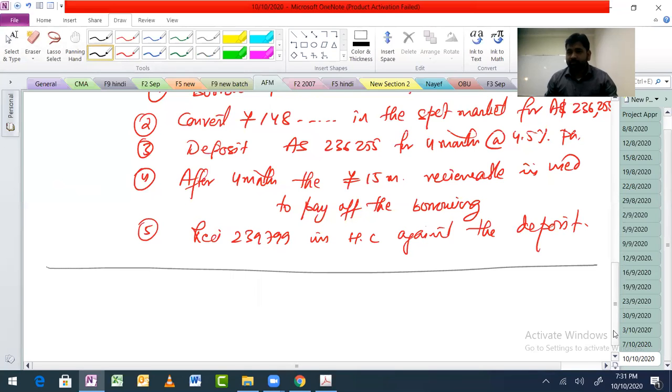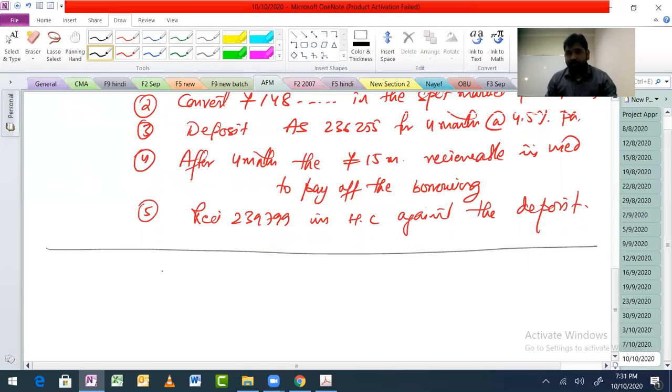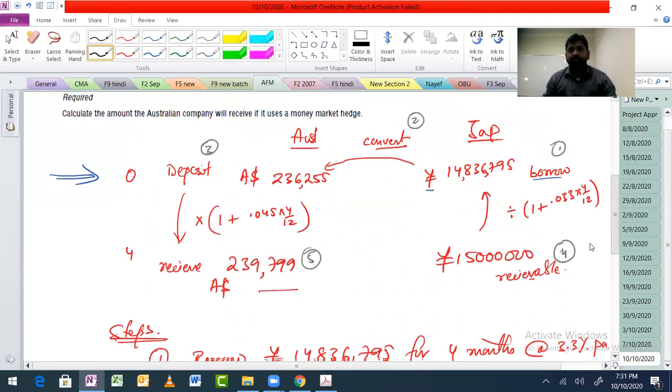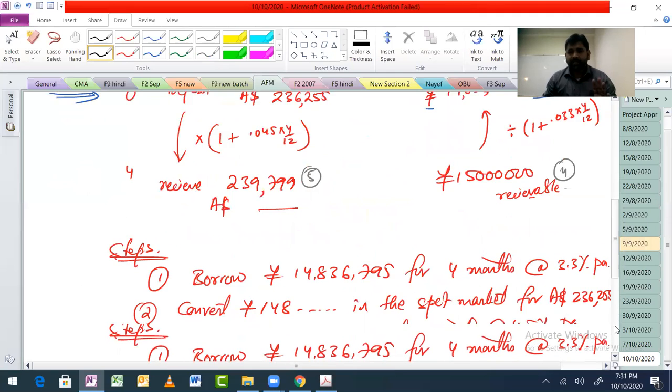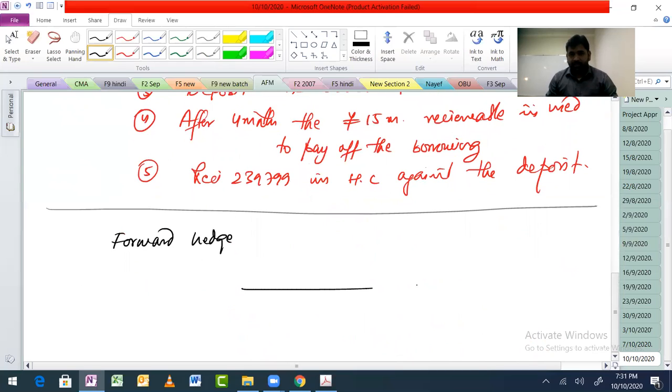So in the derivative market, as usual, the first thing that we are going to see is our forward hedge. And forward hedge is nothing but simply this conversion that you did here. This conversion that you did, that is it. Because forward hedge is a very simple stuff. This is the market today, and this is 3 months.